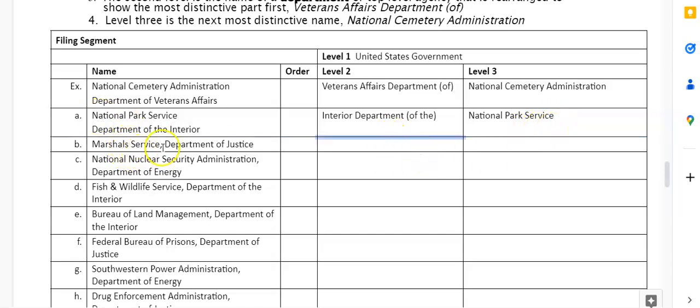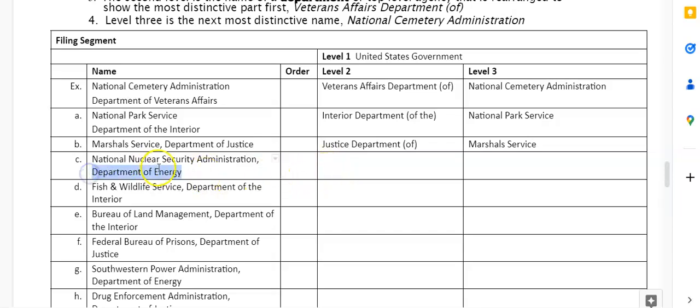So for letter B, we have Marshal Service and Department of Justice. Again, we want to focus on the department name for level 2. So that's Justice, Department, and in parentheses is "of." Level 3 is Marshal's Service. For letter C, we have National Nuclear Security Administration, which is part of the Department of Energy.